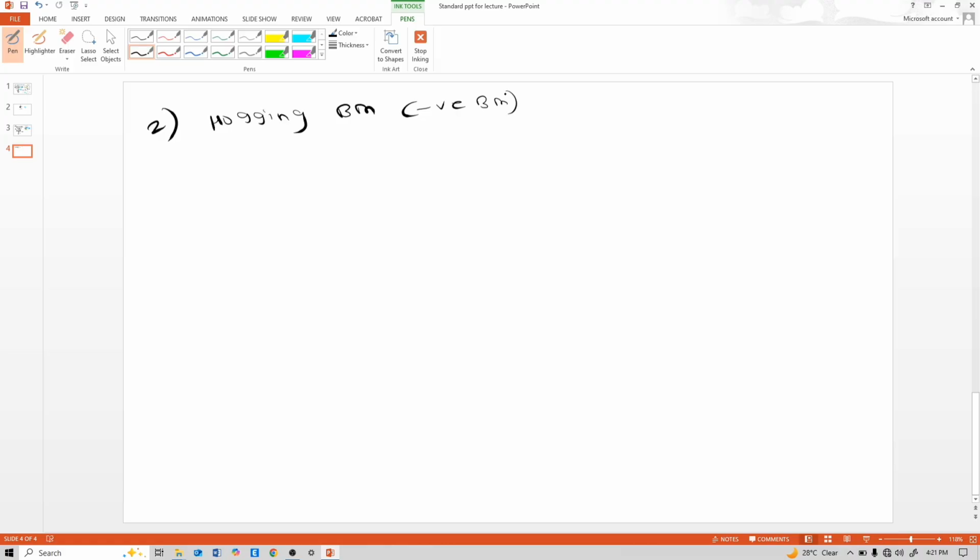So for hogging bending moment, similar section XX, only it is like this. This is left side, this is right side, this is on left side anti-clockwise moment and on right side clockwise moment. Anti-clockwise, clockwise. Now read definition.